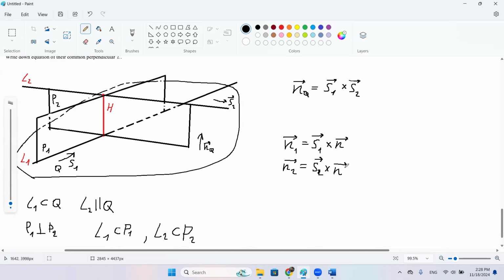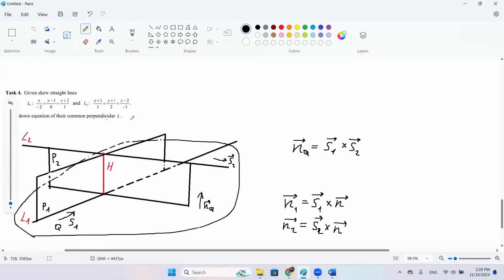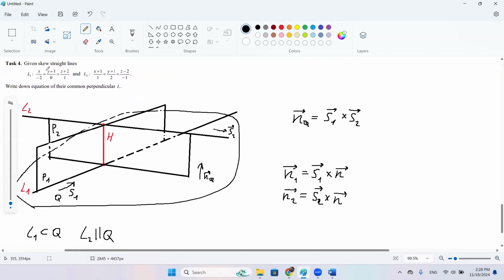So basically that is what we need. And then, knowing the normal vectors of these planes, we also have points that belong to these planes. M1 with coordinates 0, 1, -2.